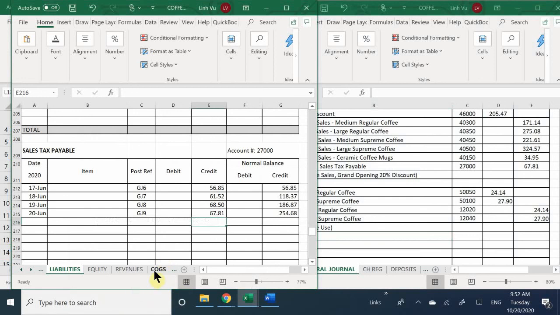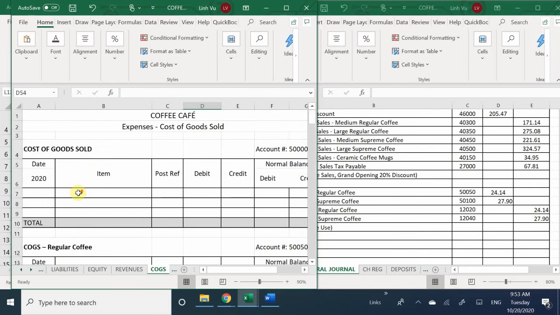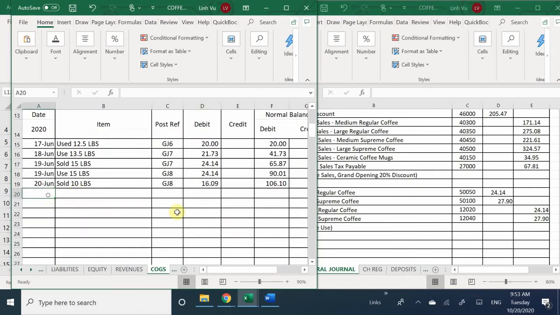All right. So cost of goods sold is a separate little thing here. So I'm going to go ahead and place it here. Here's my cost of goods sold for regular coffee. We used 15 pounds. All right. For how much? $24.14.